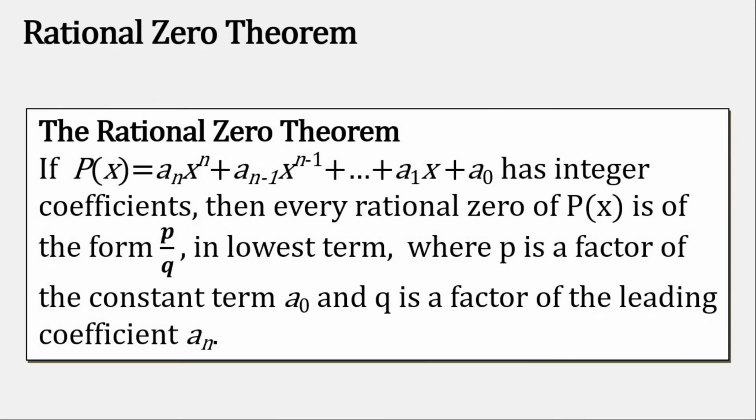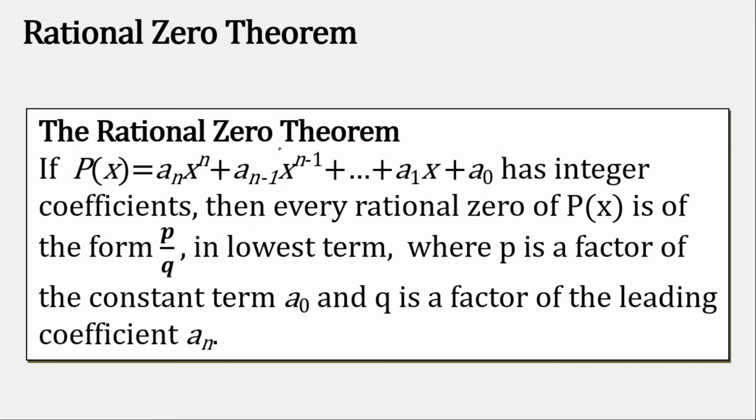Now let's go to the definition of the rational zero theorem. The rational zero theorem states that if a polynomial function is written in standard form and has integer coefficients, then every rational zero of P is of the form p over q.